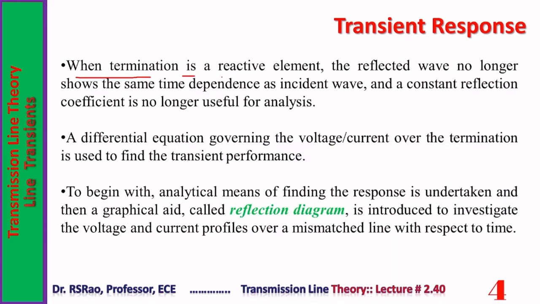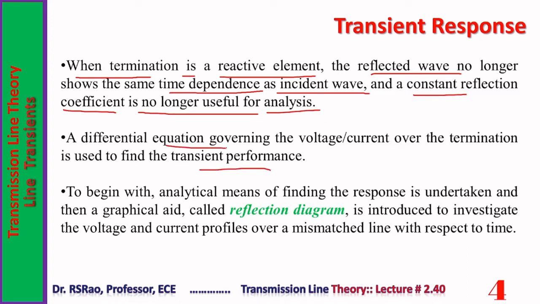When termination is reactive element, the reflected wave no longer shows the same dependence as incident wave, and a constant reflection quotient is no longer useful for analysis. A differential equation governing the voltage and current over the termination is used to find transient response. So when the termination is resistance, the reflection quotient is useful for the analysis, but when termination is inductor or capacitor, it is no more useful.